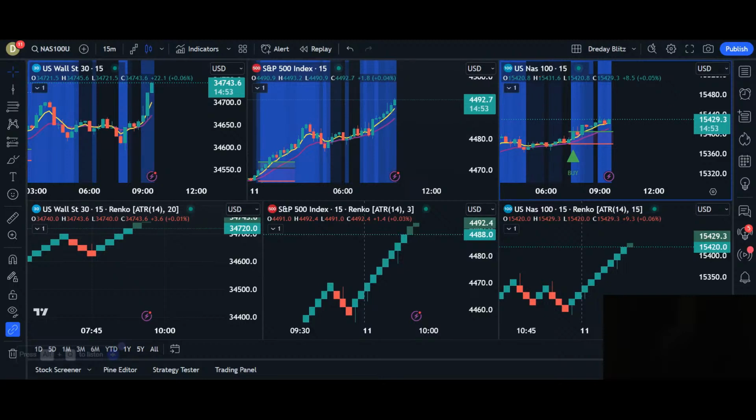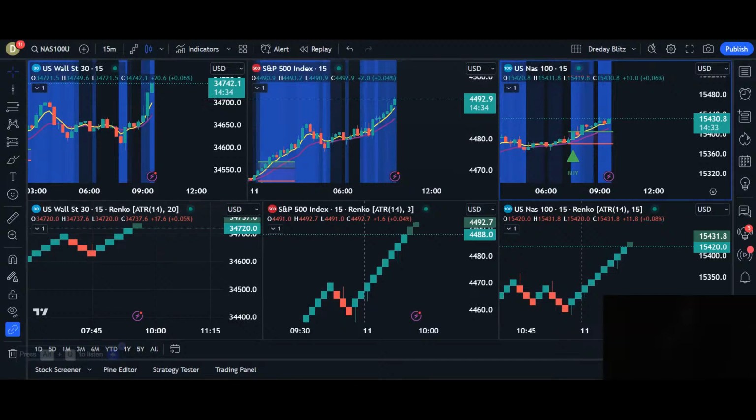All right, so let's see how everything goes. So right now we have S&P 500, US 30, and Nasdaq still pushing. So we'll see if there will be a reversal here.